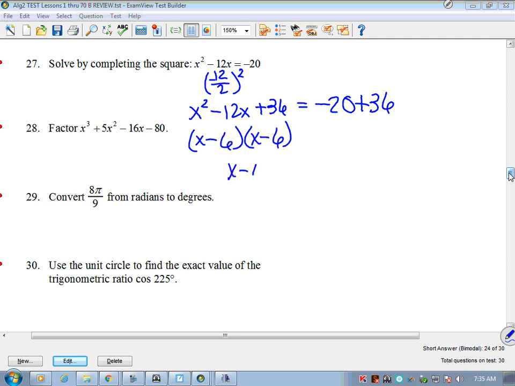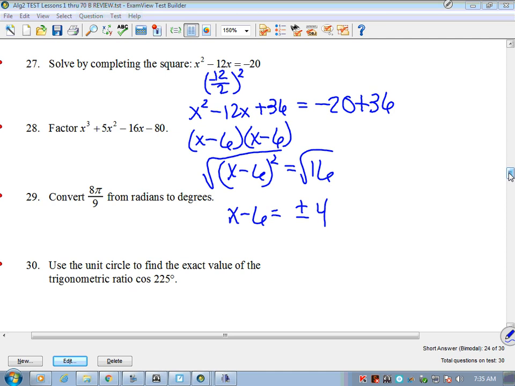So that's x minus 6 squared equals 16. All right, so we are going to square root both sides. That's going to leave me with x minus 6 equals positive or negative 4, because we are square rooting the left-hand side and the right-hand side.